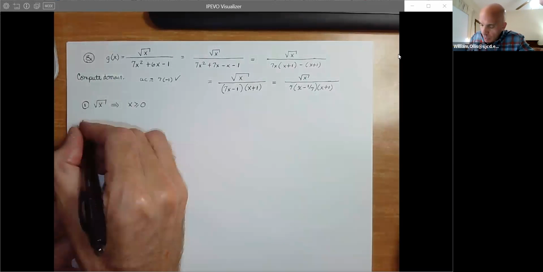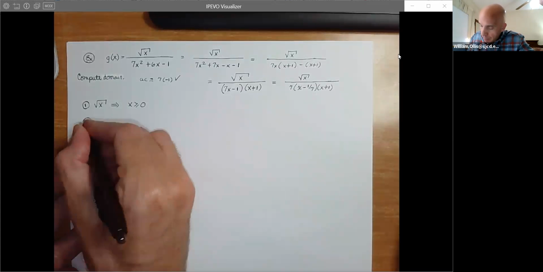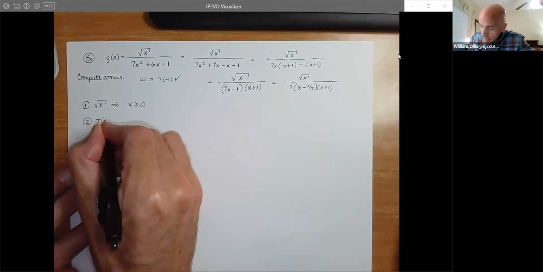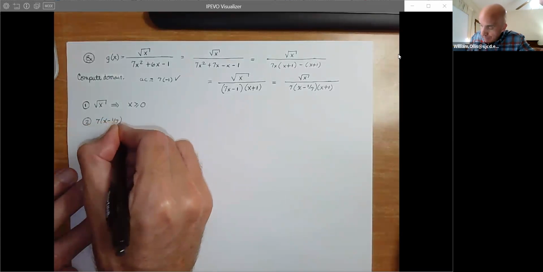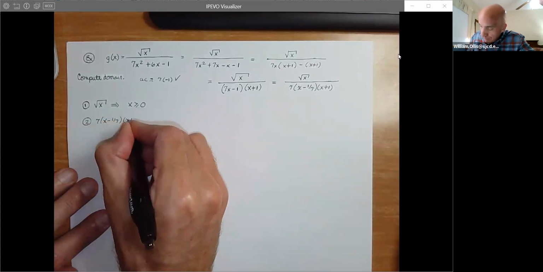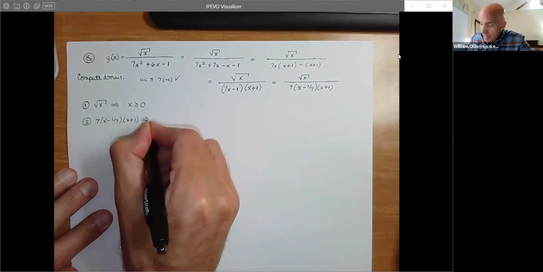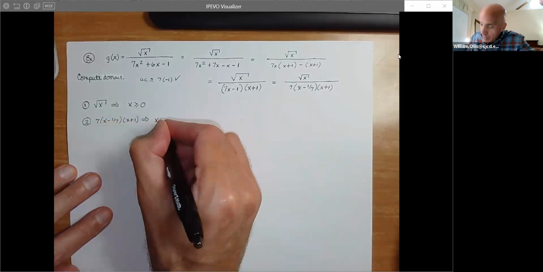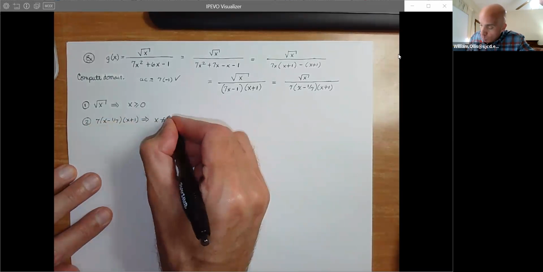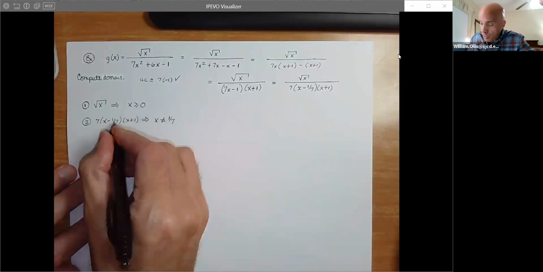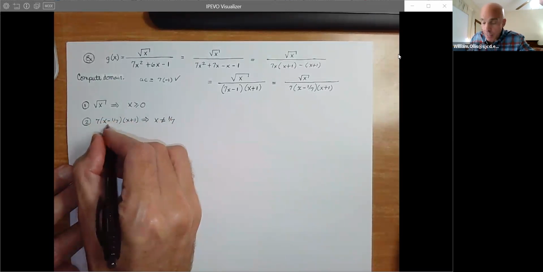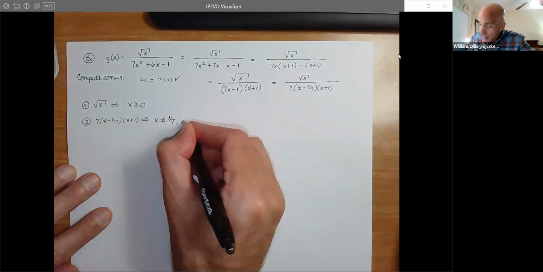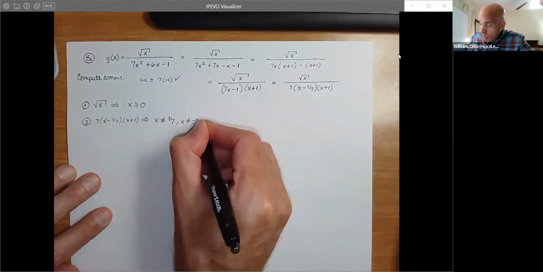Now here, when we look at the second part, we have 7 times x minus 1/7 and x plus 1. Well, this implies, and we'll do this in the negative, we know that x cannot equal 1/7, because clearly that would make this 0, and we see that x cannot equal -1.